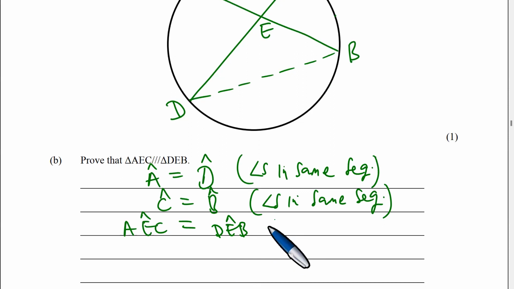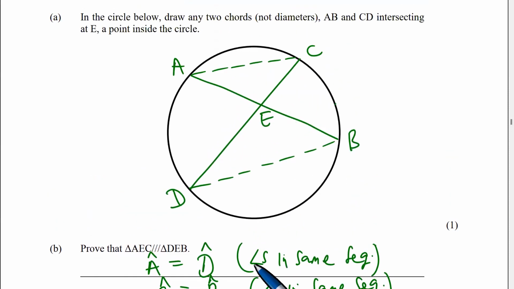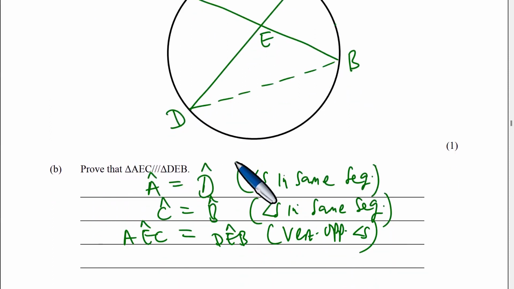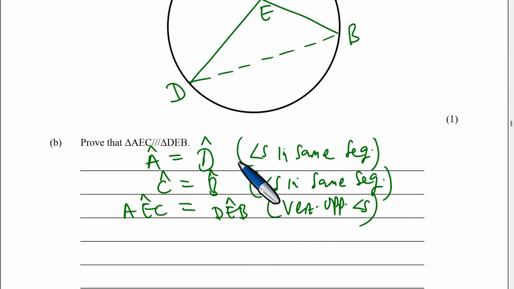These angles are equal because they are vertically opposite angles. So what we have here is that the three angles are equal in their respective triangles, so the corresponding angles are equal.